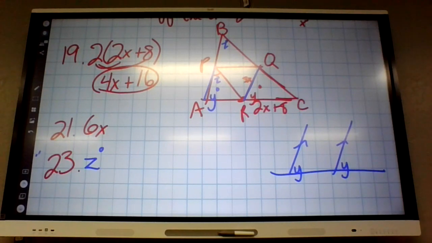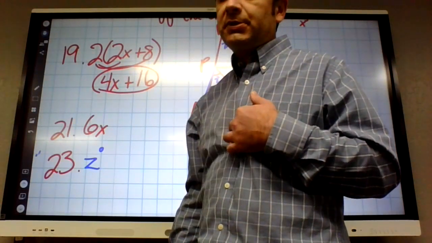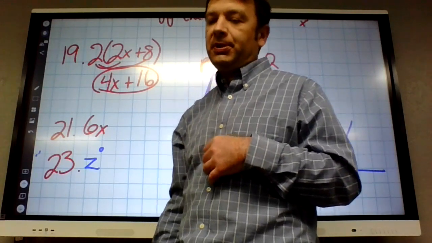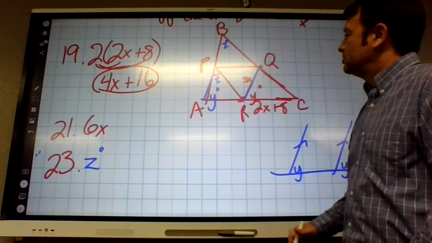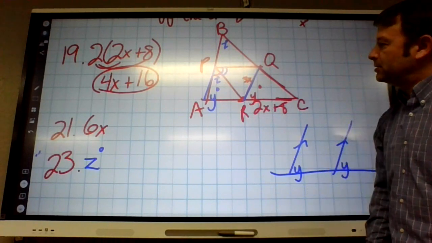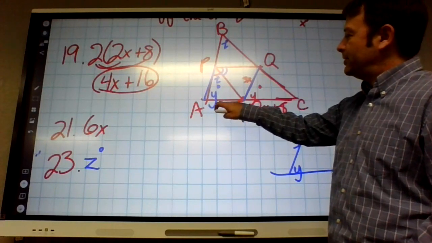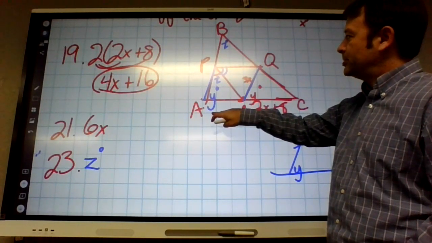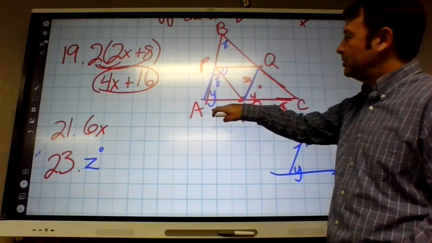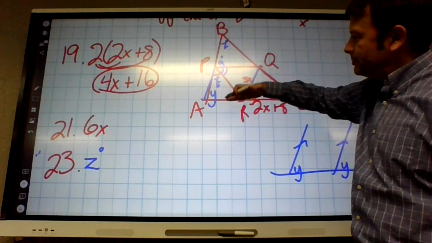Okay, 24 is difficult. Can we do it together? Do you guys see angle QPR in the picture? Yes. Well, if this angle down here is Y, what other angle must be Y? BPQ, right there. Because those lines are parallel, so corresponding.